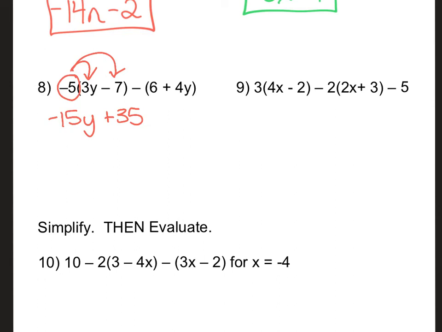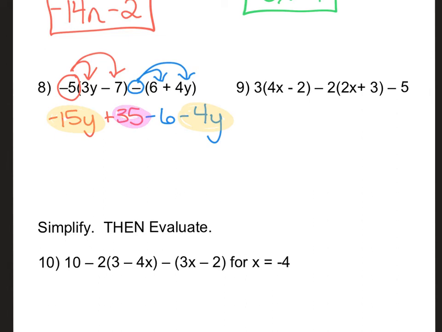Again, just like the last problem, we've got this negative. It does need to be distributed. So negative 1 times 6 is negative 6, and negative 1 times 4y is negative 4y. So what can be combined? We've got y's here and y's here. Those can be combined.